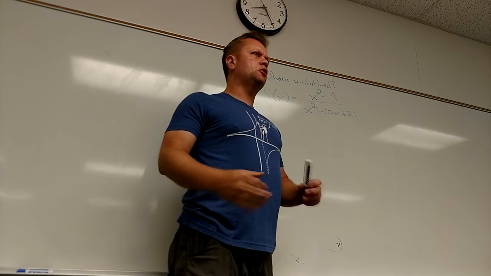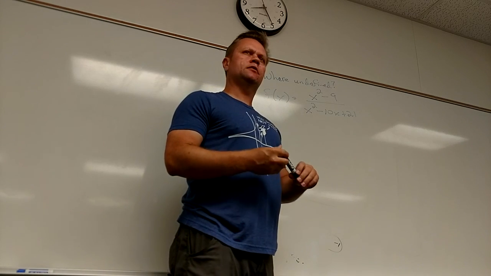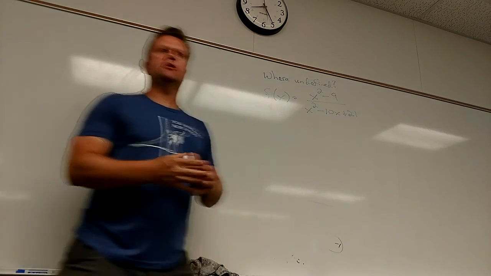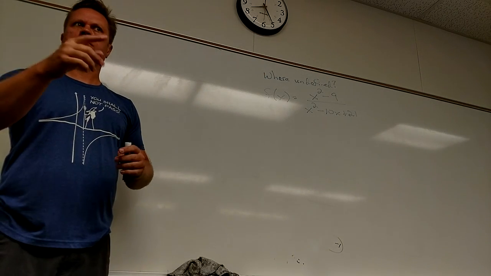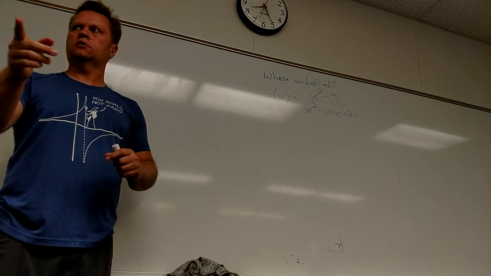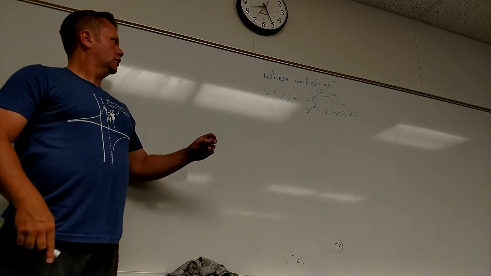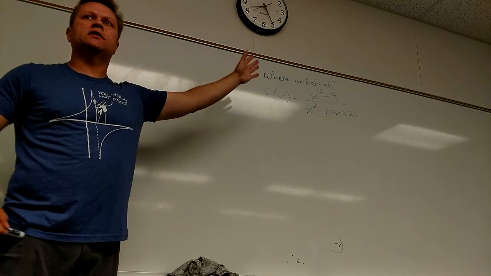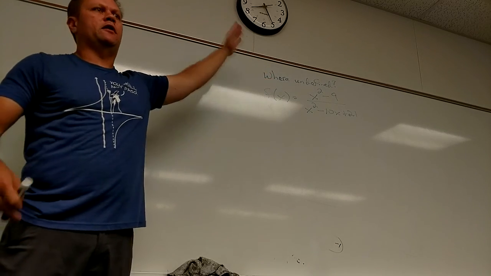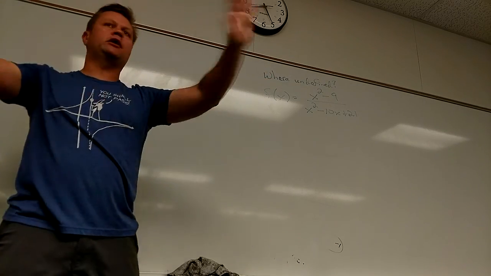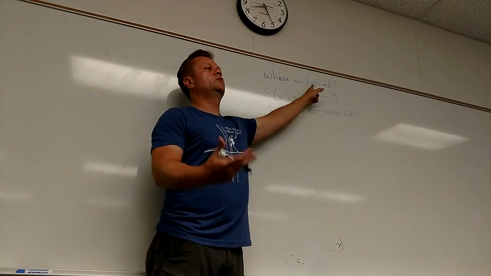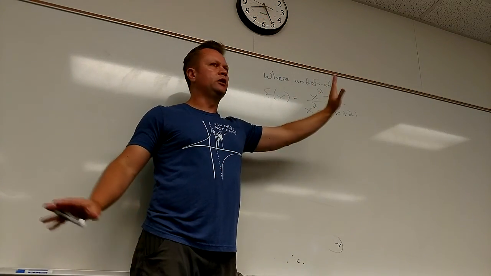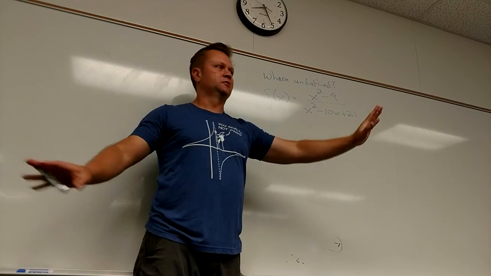How do you determine where this is undefined? What do you focus on when the question is where it's undefined? The denominator. The top doesn't matter worth anything. It doesn't determine if it's undefined. To be undefined, a fraction has to have a 0 on the bottom. I only care about the bottom when the question is, where is it undefined? I really don't care about what the top is doing at all.